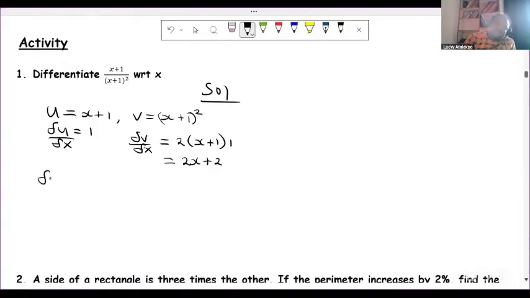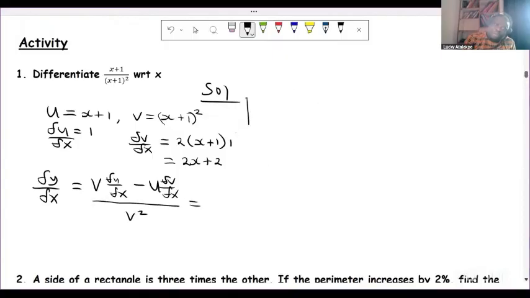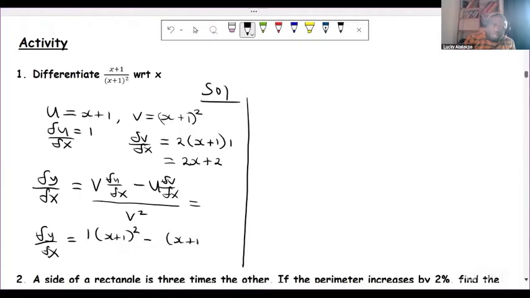So if you now do dy/dx, using (v du/dx minus u dv/dx) over v squared, v is (x plus 1) squared, then du/dx is 1, minus u is x plus 1, then dv/dx is 2x plus 2. Everything over v squared.